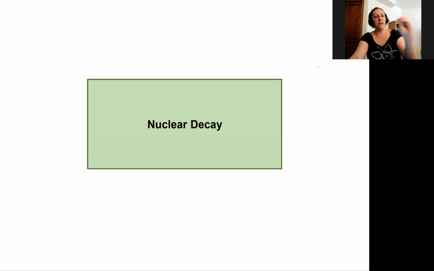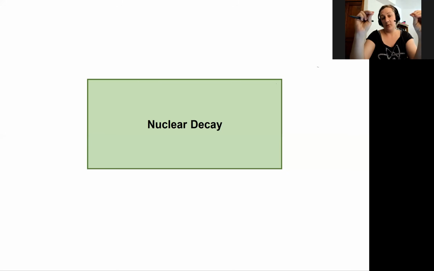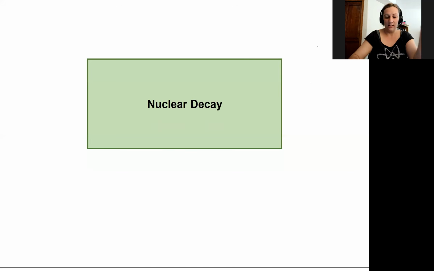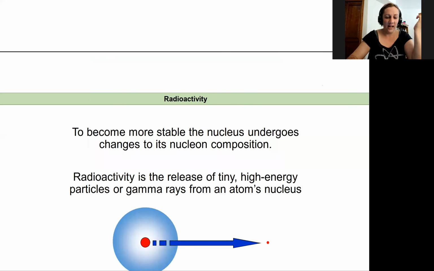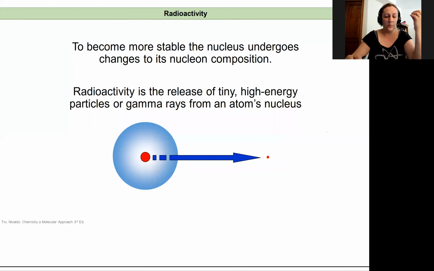So we have an unstable nucleus that's going to decay to a more stable nucleus eventually, or hopefully. And what happens is when that change occurs in the nucleus structure to become more stable, the overall composition changes. And as it changes, those reactions that take place release tiny high energy particles or bursts of gamma rays from its nucleus.